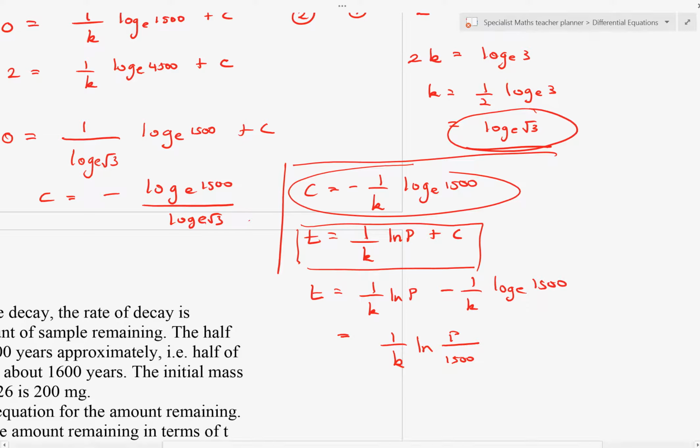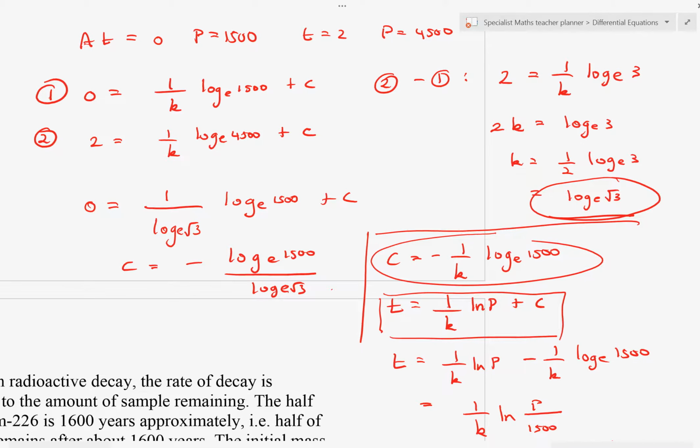So I've got 1 over k log, the natural log of p over 1500, which now we can use if you wanted to, that is 1 over log e to the root 3, log of p on 1500, and that's our differential equation. Now, this is just a constant, but you can't simplify. I just wanted to make sure, because some students would actually do some crazy things and try to invent log laws that don't exist. Okay, because sometimes with these differential equations, it's the algebra that can really screw us up.